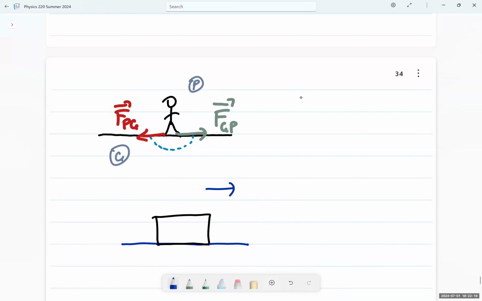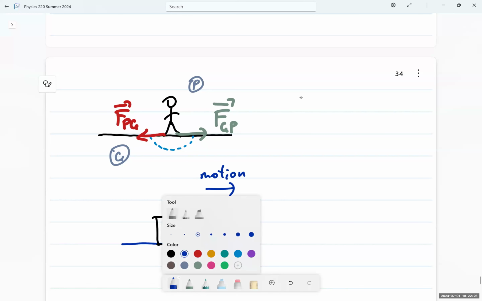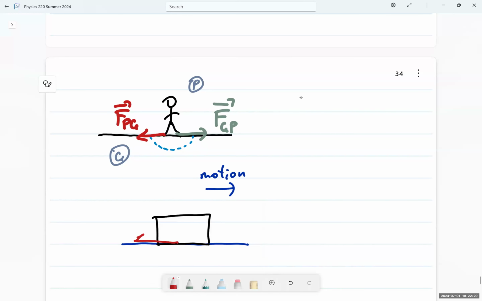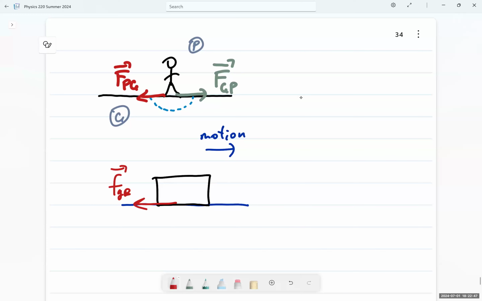Let's say this object is moving to the right, so the motion is to the right. Then I know the friction is always going to act opposite to the motion. So this is the friction from the ground on the box. And this is the friction on the ground from the box. This is something we've seen before.